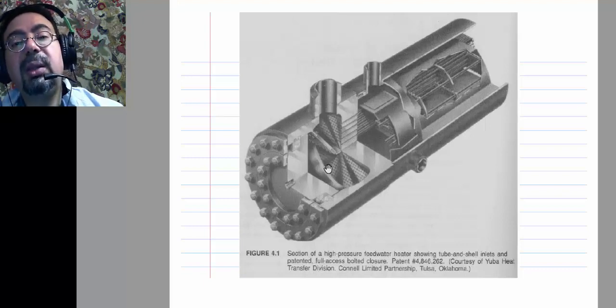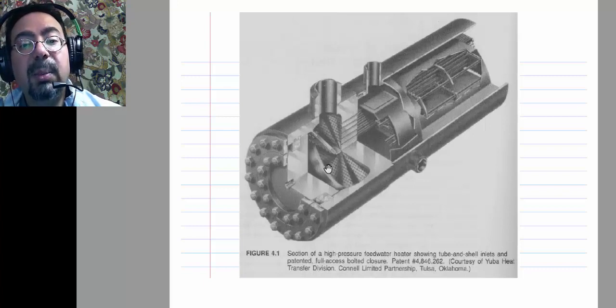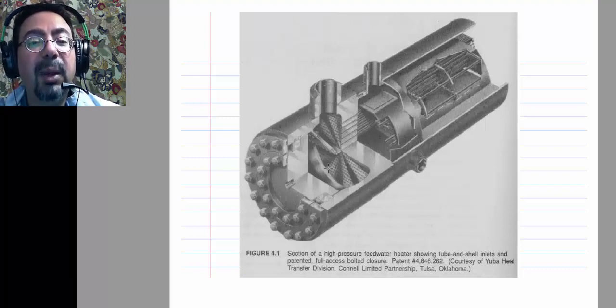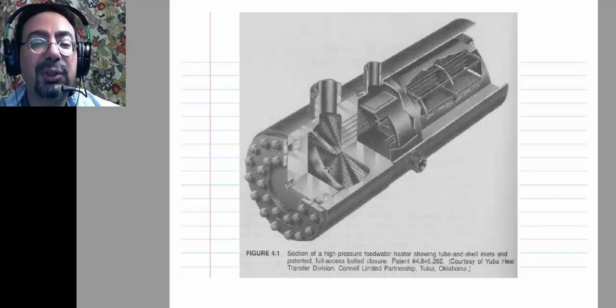So feed water heaters number 6 and 7, the last two after the boiler feed pump, are operating at the boiler pressure, or basically the boiler feed pump pressure, right?